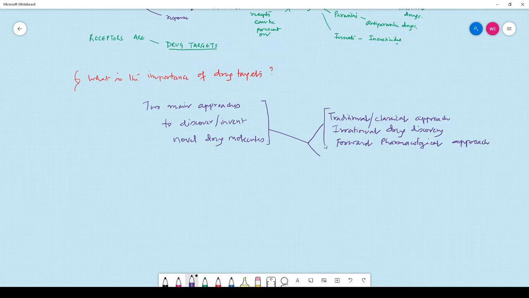So they have been referred to by different names, but they have been called traditional or classical approaches, irrational drug discovery, forward pharmacological approach, etc.